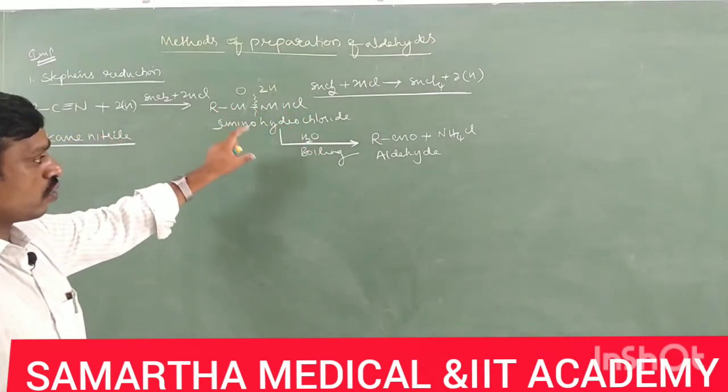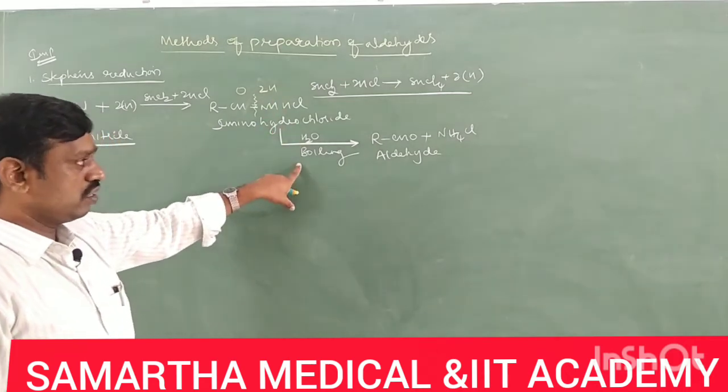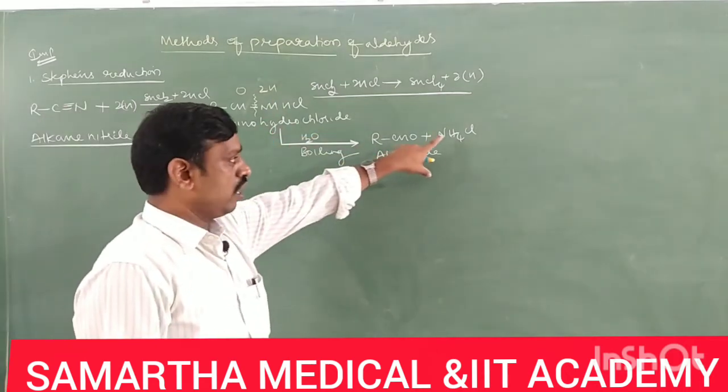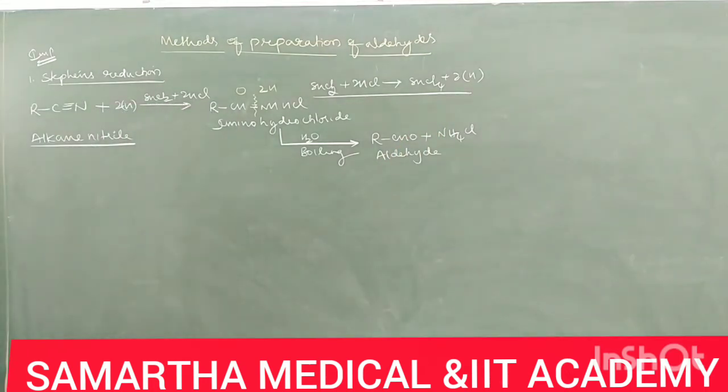This imino hydrochloride undergoes hydrolysis in the presence of boiling water. It forms aldehyde and ammonium chloride. This reaction is called Stephen reduction. Now let us take some important examples. This is a general reaction.